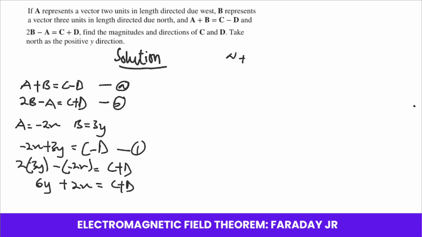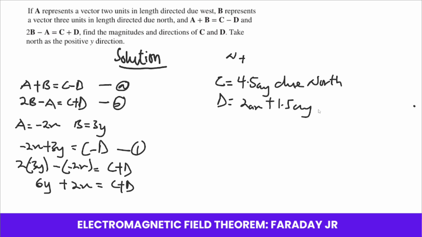Okay, so when we solve these equations simultaneously, we get our C to be equal to 4.5 AY due north. Then our D to be equal to 2AX plus 1.5 AY.